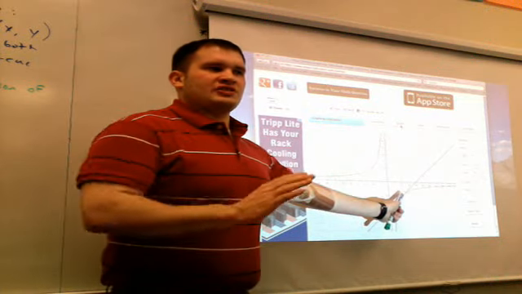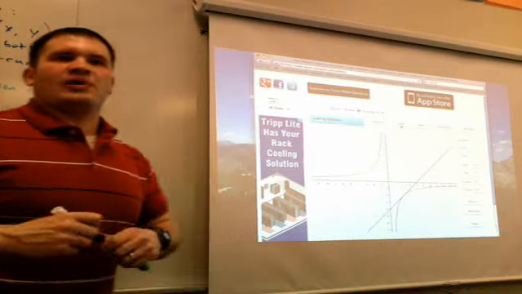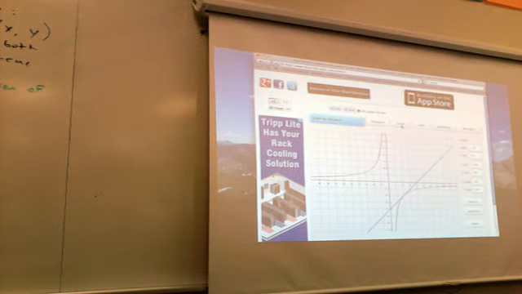Just kind of comes up and just touches it once, doesn't it? So how many solutions would that system have? One. So one solution, we have our butterflies, and the line comes up and just hits it once.